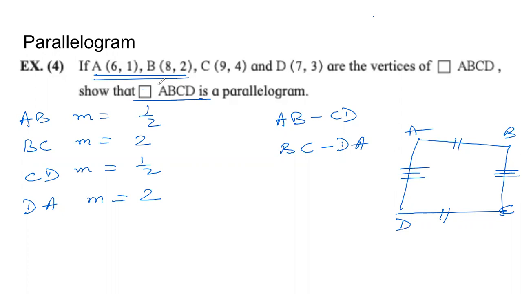So the names, the order of the vertices is important. Don't lose sight of that. Here it is happening. Slope of AB is 1 by 2, slope of CD is 1 by 2. AB, CD, they are parallel. Similarly, slope of BC and slope of DA, they are also same. That means, yes, quadrilateral ABCD is a parallelogram.